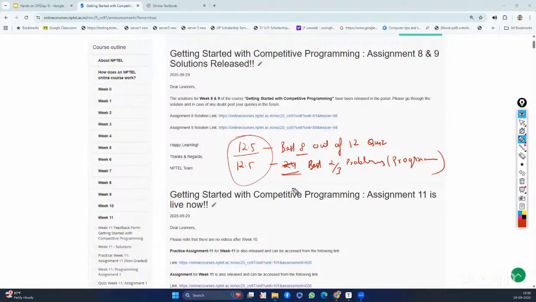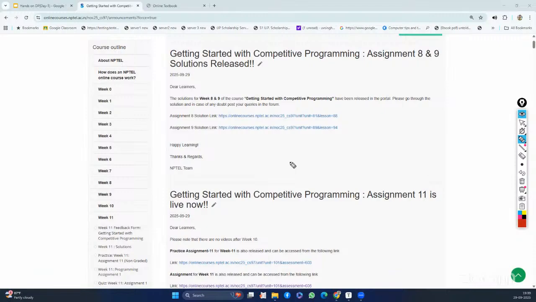That will total 25 marks. So this is the scoring formula. Now, that's it for dynamic programming. This is the last topic of your course, and weeks 10, 11, and 12 are all related to this. If you have any specific query, you can ask.